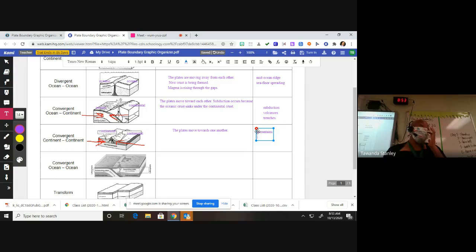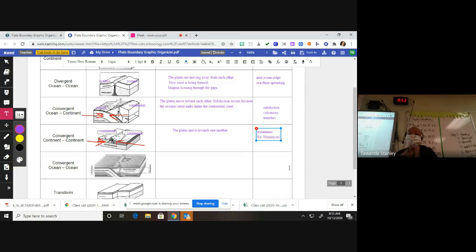All right, so we're just gonna put mountains. I do not want to misspell Appalachian mountains. I'll put Himalayas. Yeah, that's what I put. Himalayas. Okay, so this is a type of mountain.